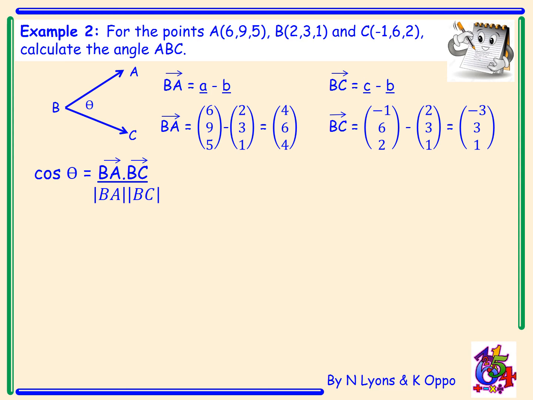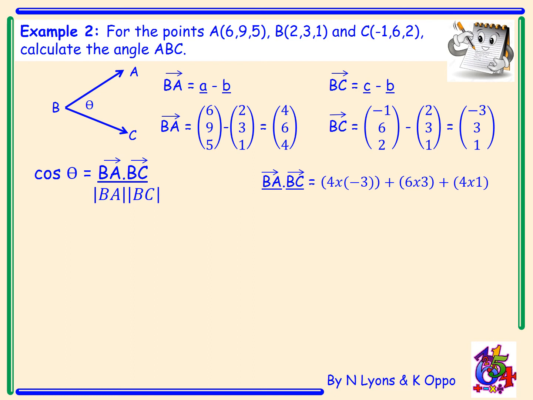So cos theta equals vector BA multiplied by vector BC divided by the magnitude of BA times the magnitude of BC.